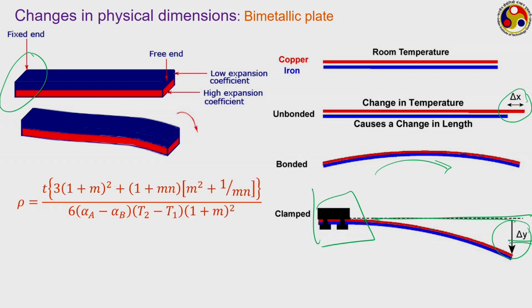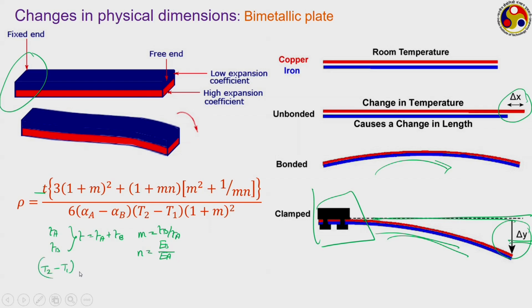Quite often the radius of curvature after the bend, I am talking about this particular curvature, is given by a relation like this. Here Ta is the thickness of bar A, Tb is the thickness of bar B, T is the total thickness, that is Ta plus Tb, and m is the ratio of the two, that is Tb upon Ta, and n is the ratio of the corresponding Young's modulus, Eb upon Ea.